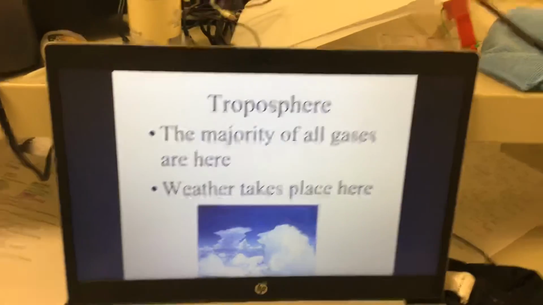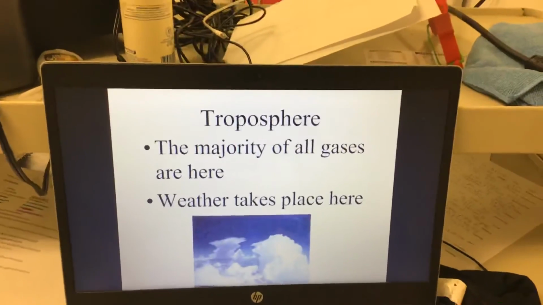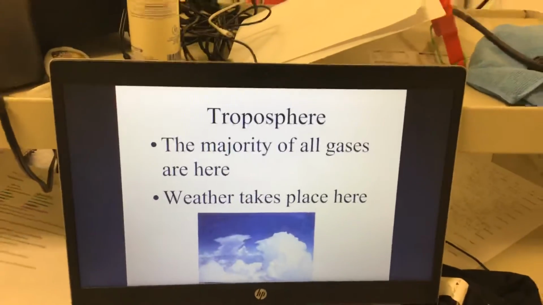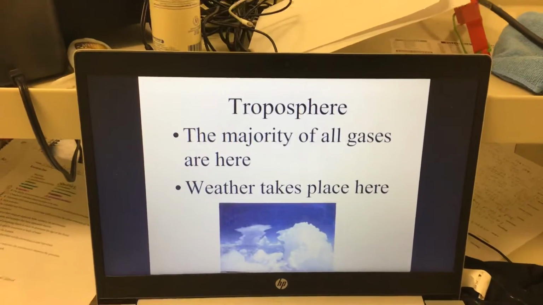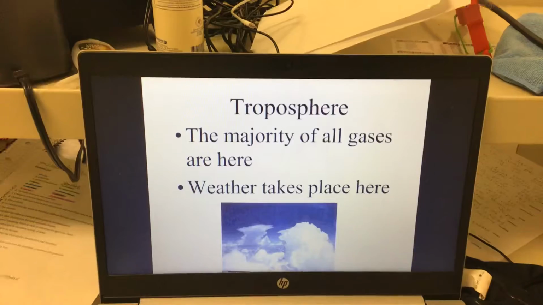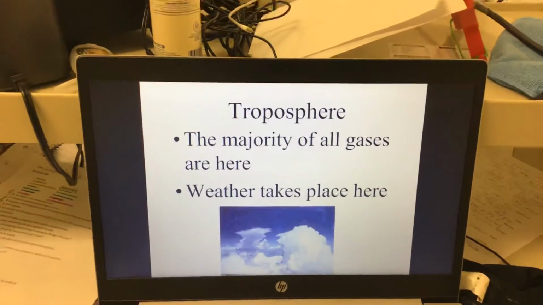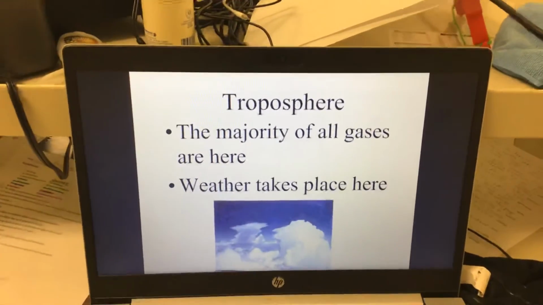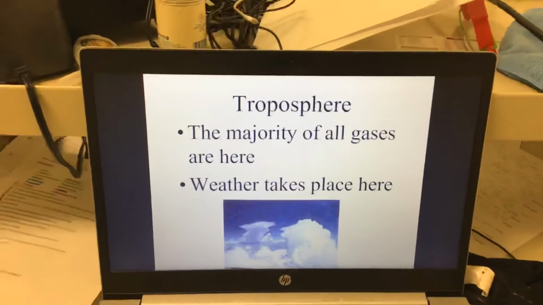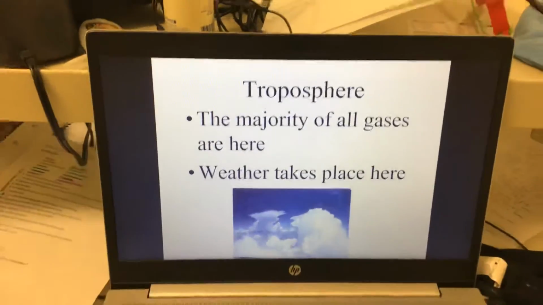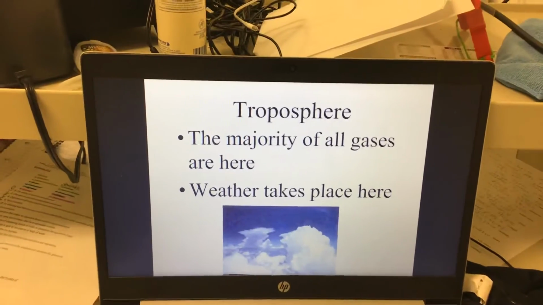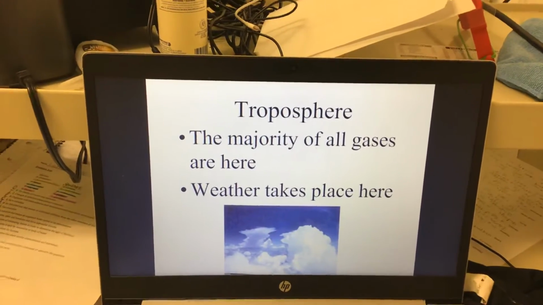Now, the reason gases are close to the surface here where we're at, okay, is because they have mass. Gravity is pulling them down. So most gases are close to the surface because they have mass. And in order to have weather, you need gas, okay?